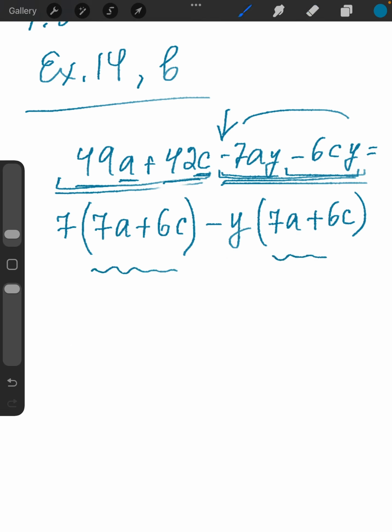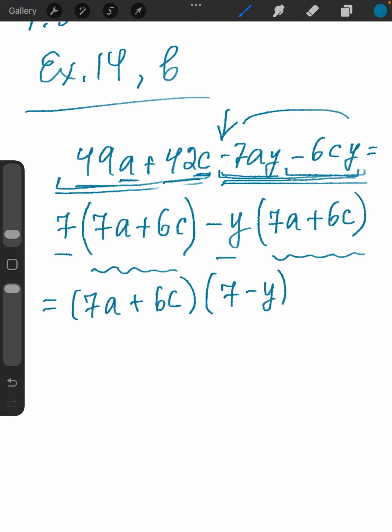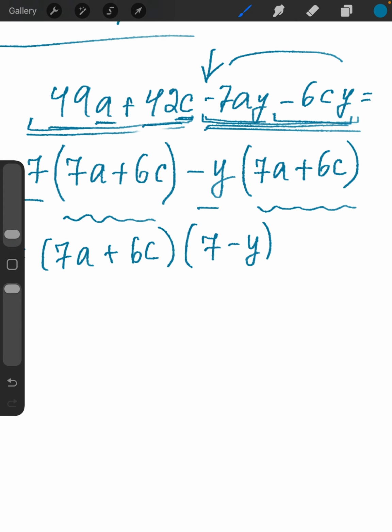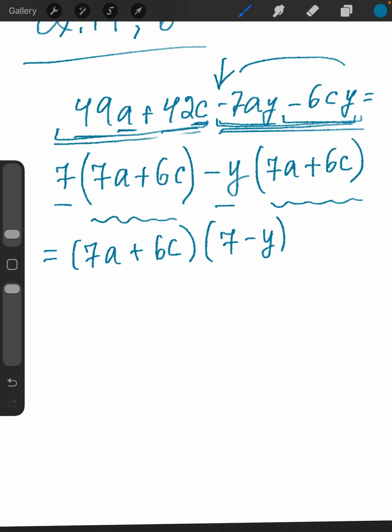Look at this. They're exactly the same. Isn't that great? So your final expression here is going to be, we'll take out this expression as a common factor, right? And then all we have left is 7 minus Y. And here we go.